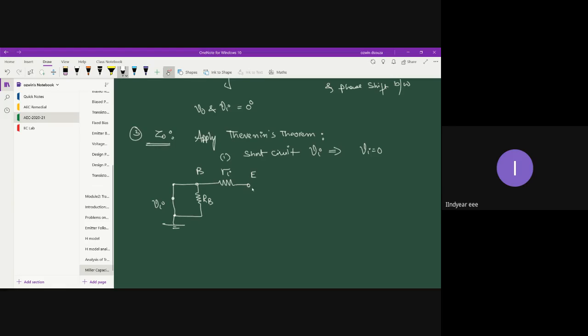Between emitter and ground, you are going to have the current source, beta D into IB, and you will have RE.